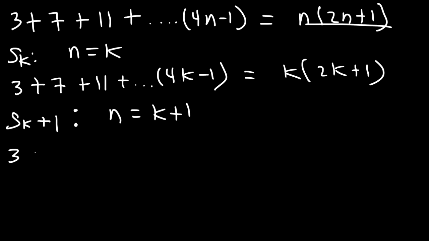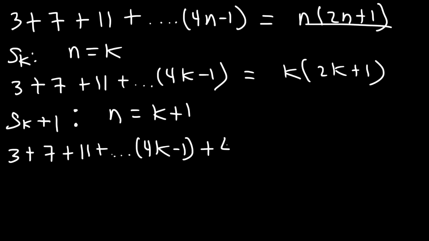On the left, we're still going to have 3 plus 7 plus 11 plus 4k minus 1. But then we're going to add the next term. The next term, we just got to replace k with k plus 1. So it's going to be 4 times k plus 1 minus 1.